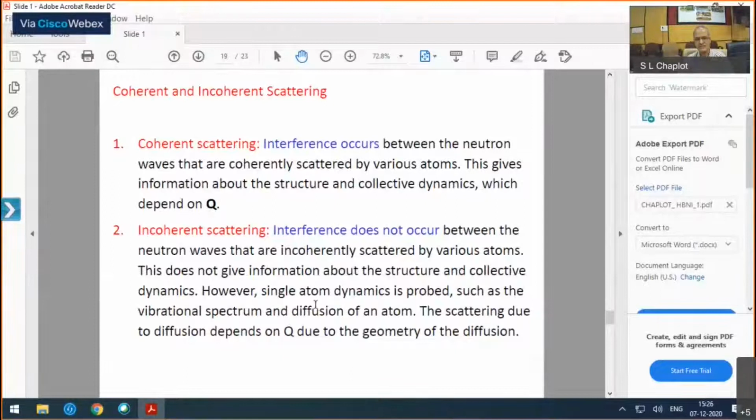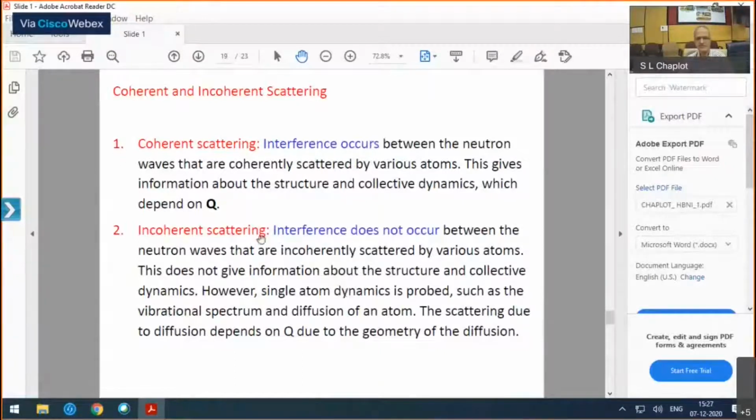So you can look at single atom dynamics, because then you don't depend on the interference. For example, the frequency spectrum of each atom can be determined by inelastic scattering arising from the incoherent scattering.